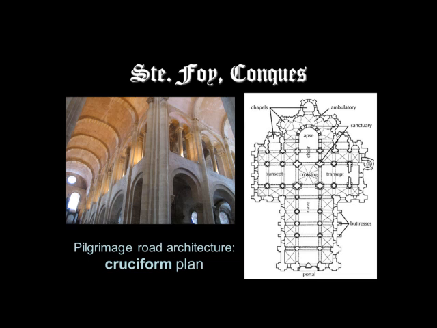Saint-Foy has that typical pilgrimage road architecture that we saw at Santiago and at Toulouse. But it's smaller. And as you can see, the plan is a cruciform plan with a nave and transepts.